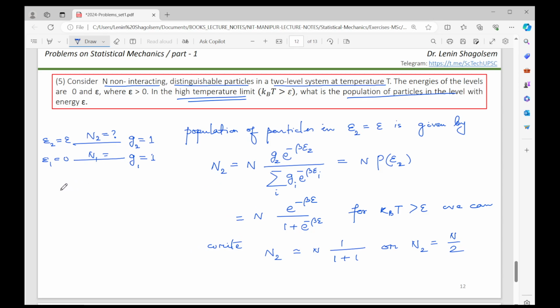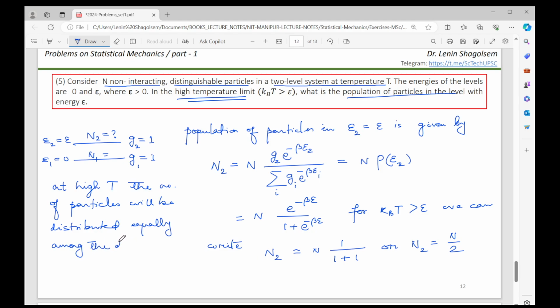So you have to remember that at high temperature the number of particles will be distributed equally among the different states.